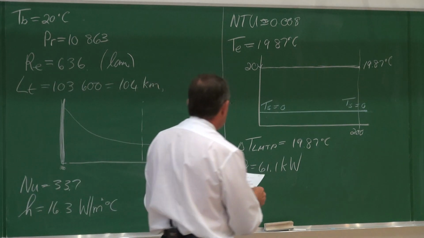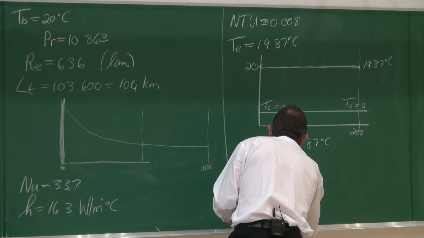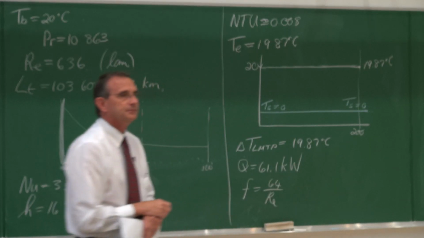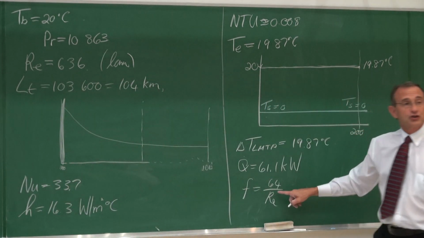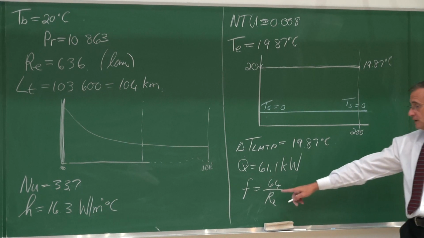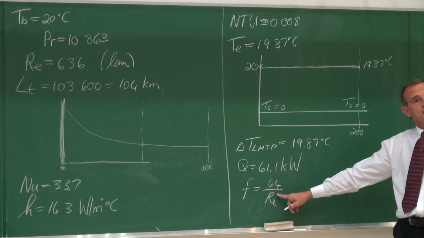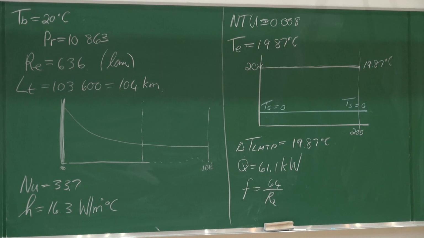The friction factor, 64 divided by the Reynolds number, which is actually not correct because this is the value for fully developed flow, and your flow is not fully developed. But in your textbook, you do not have other information, so I forgive you, and you can use that equation.